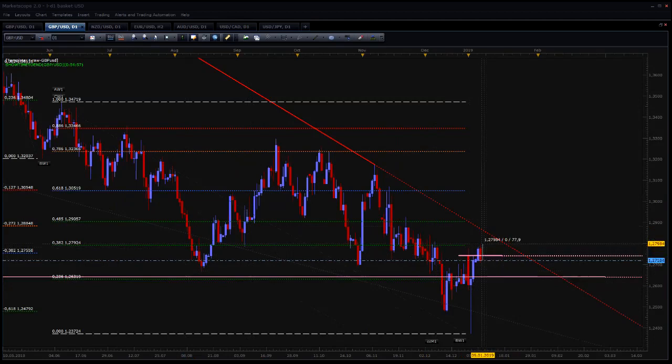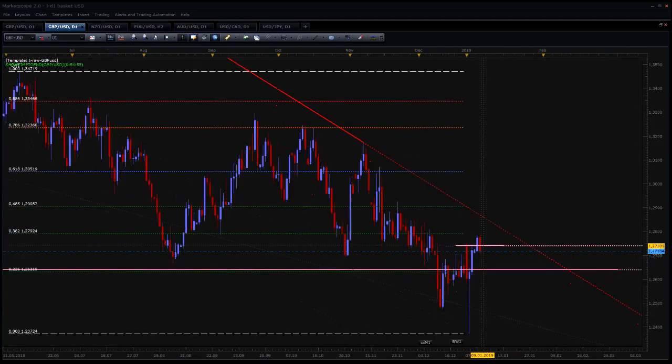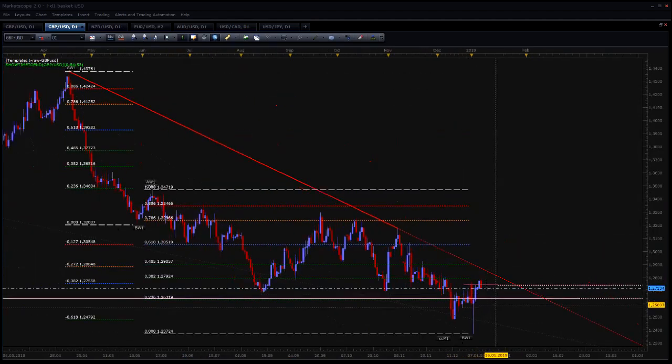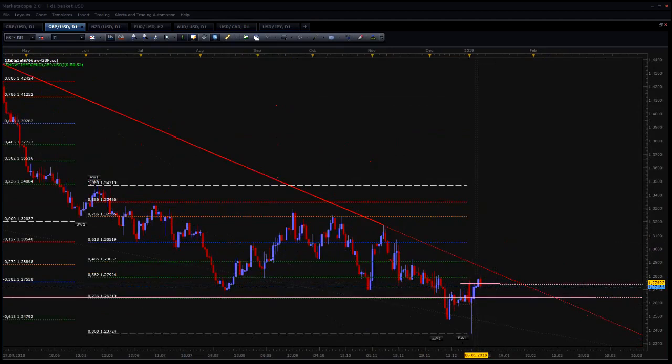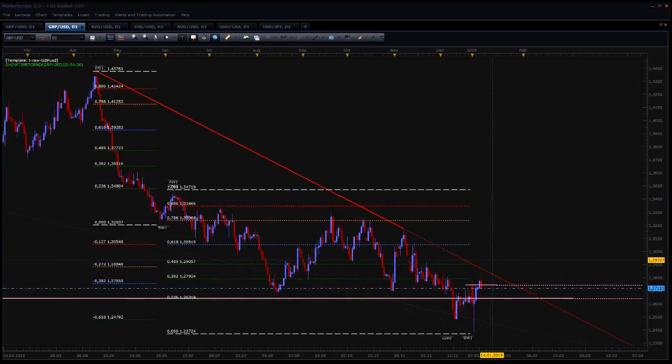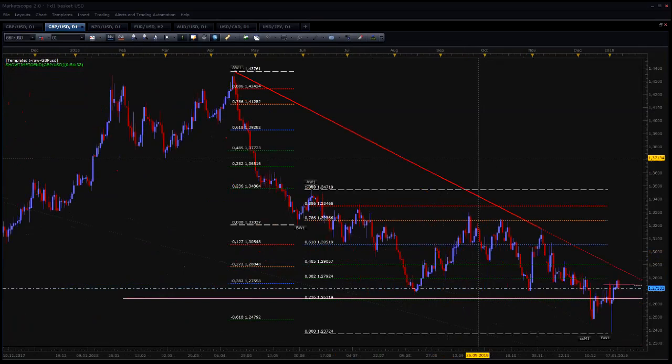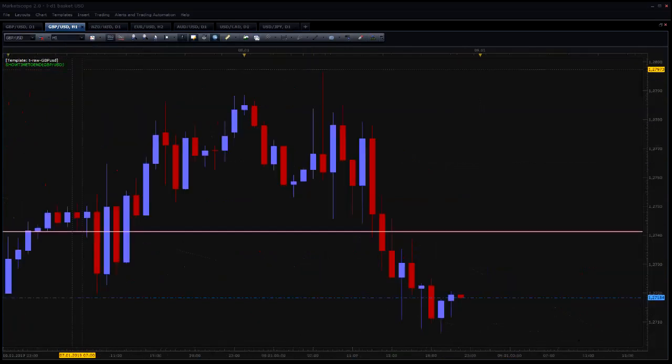70 pips in risk. Market did turn around at, this is the resistance level right here. Okay, 1 hour to go. Let's see what it does. And that is pound dollar. We switch it to 1 hour. We can have a look at 1 hour.